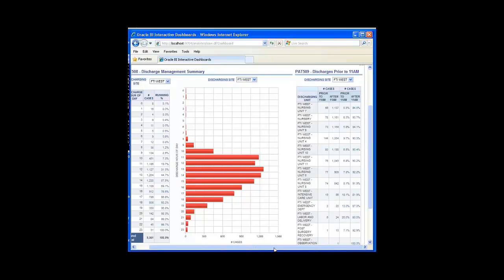Over on the right-hand side, we're just drawing a line in the sand and saying, okay, forget by hour of day. Let me see prior to 11 a.m. and after 11 a.m. By individual nursing unit. And so I can see that some nursing units, the majority of the patients, stick around till after 11 a.m. So on Unit 7, for instance, in the West Hospital, about a full 94.5% of patients stick around until after 11 a.m. before being discharged.